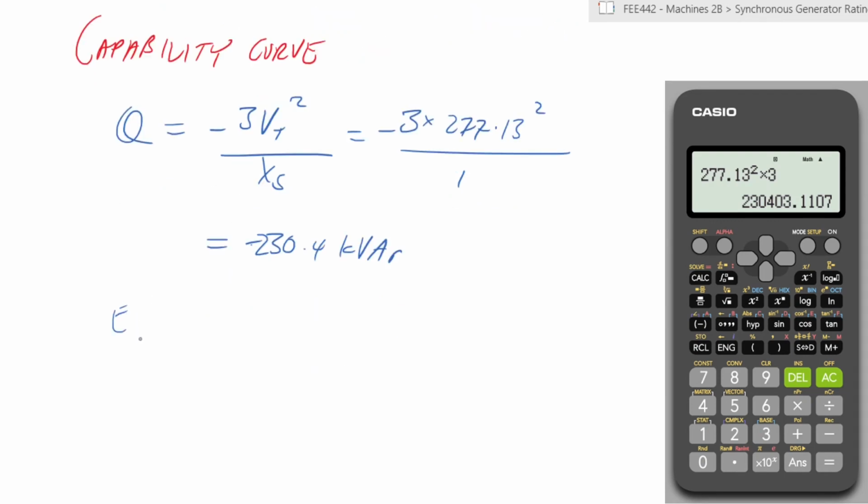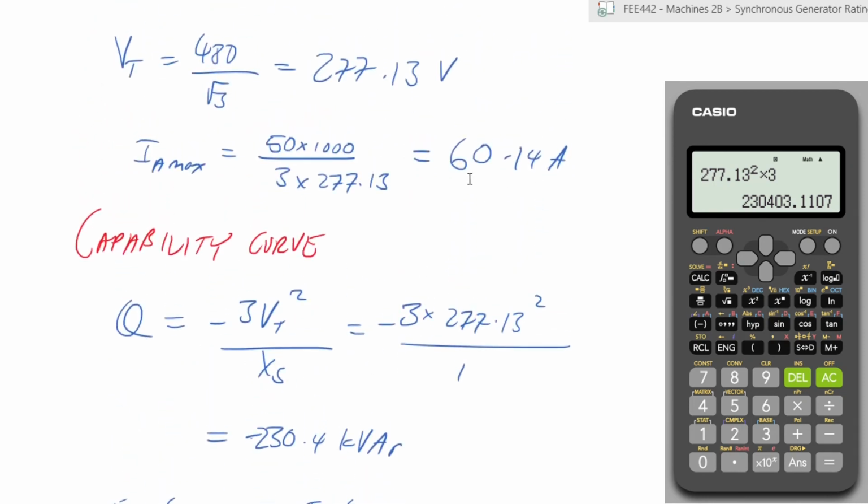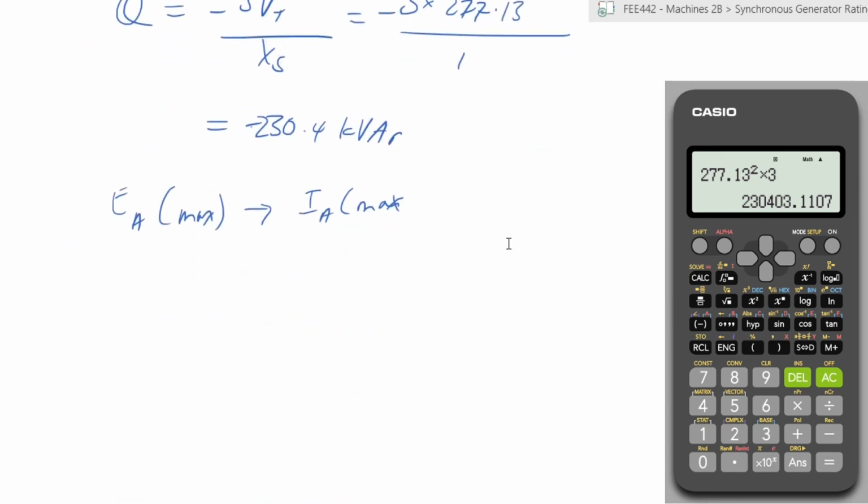Now EA maximum will occur when IA is also maximum, which we had indicated here earlier. So it is 60.14, right? At this instant, you will have EA and IA looking like that.